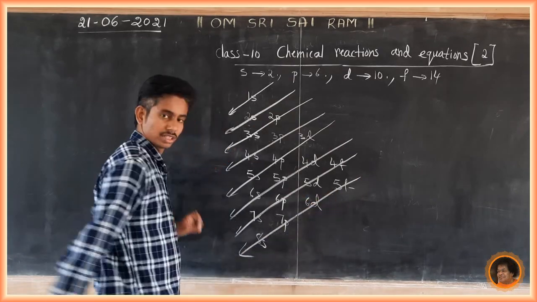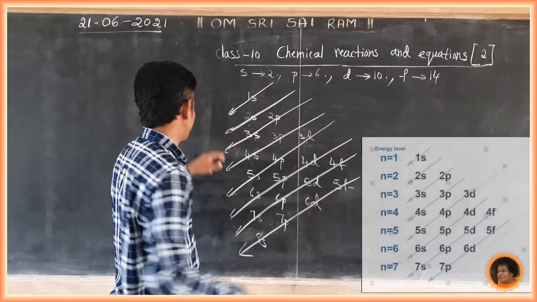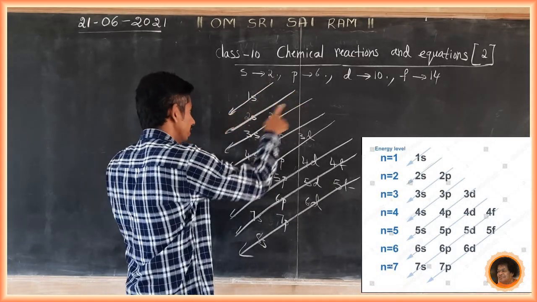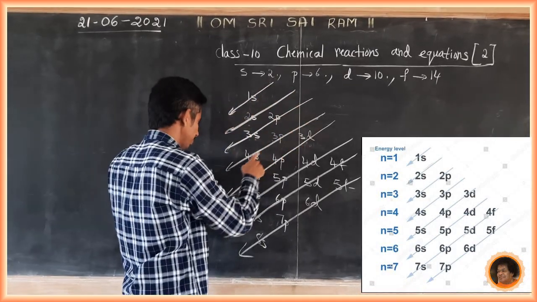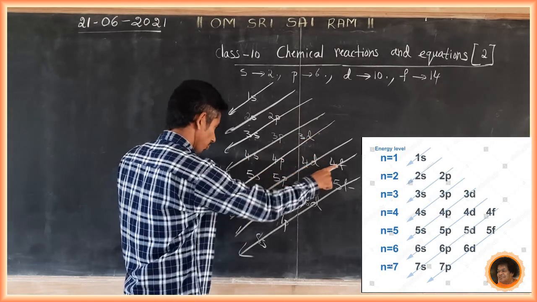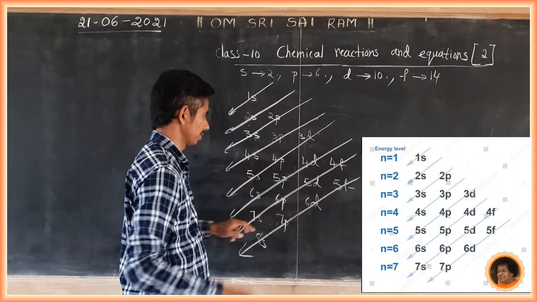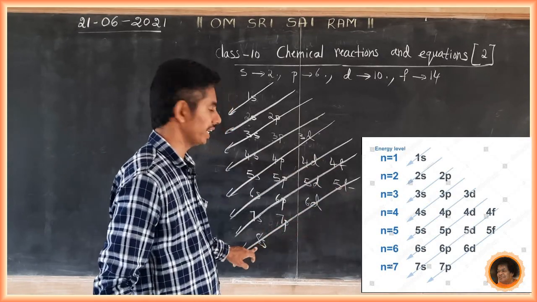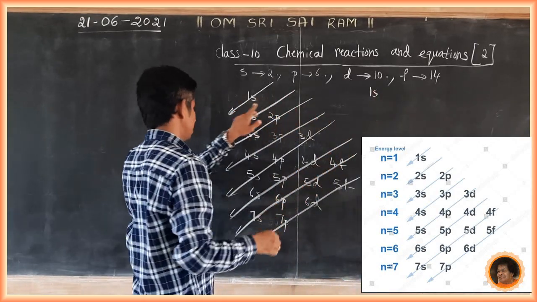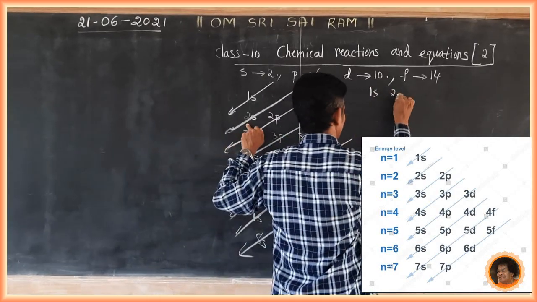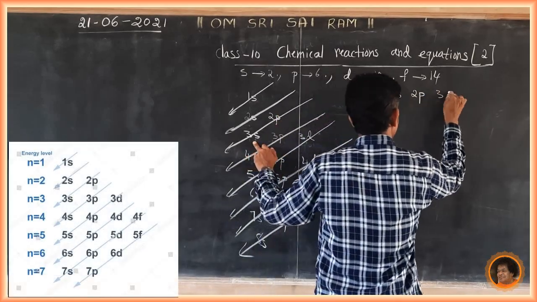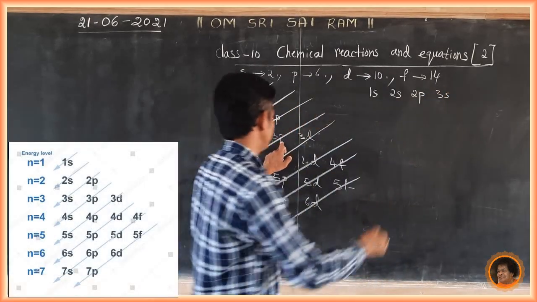The arrow marks indicate the order: 1s, 2s, 2p, 3s, 3p, 4s, 3d, 4p, 5s, 4d, 5p, 6s, 4f, 5d, 6p, 7s, 5f, 6d, 7p, 8s.